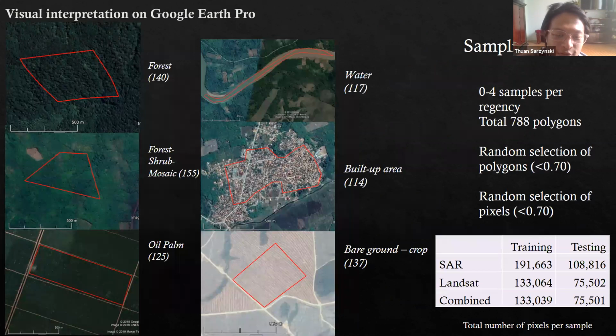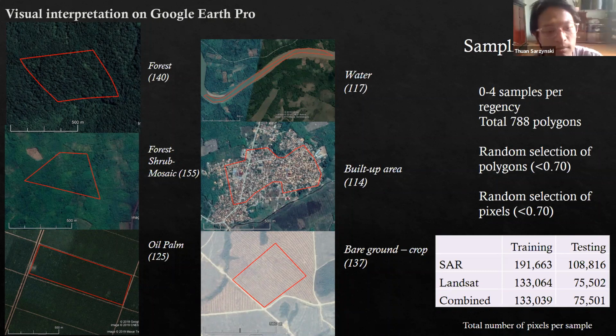Yeah, so 6 land cover classes. The forest, which was defined as a homogeneous area covered by trees. Then we had the forest shrub mosaic, which was more like a heterogeneous area with shrubs and trees.